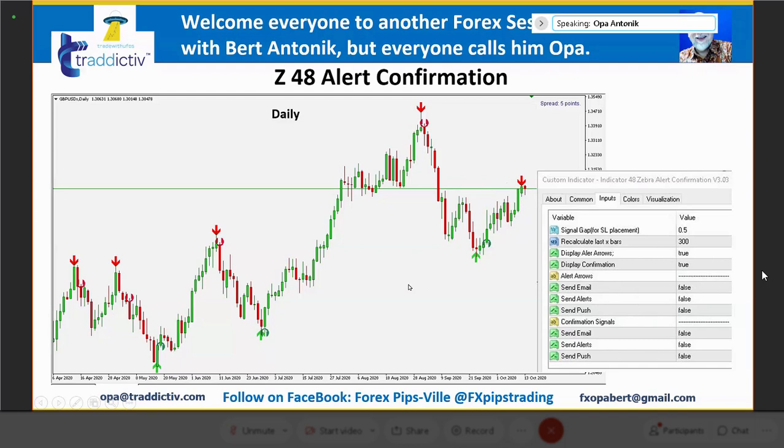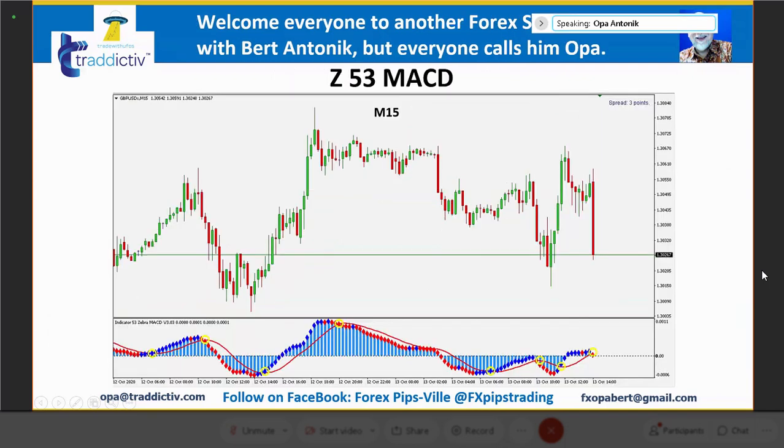All right, so let's go ahead and take a look at the next indicator. Again, I'm back on the 15-minute chart. So we're going to try to focus on 15-minute today. And here you see this MACD, and we're just using the MACD as an additional means for confirmation.